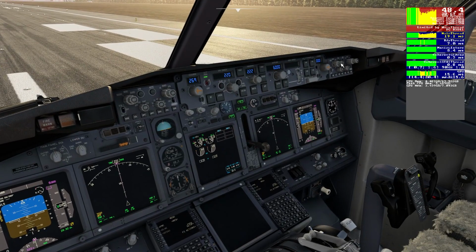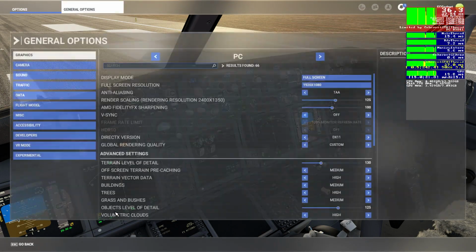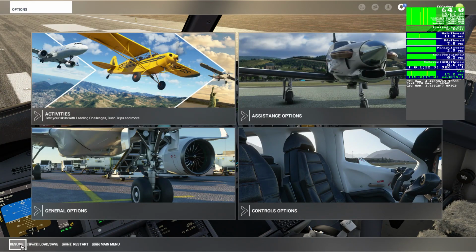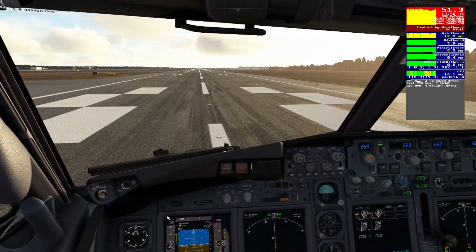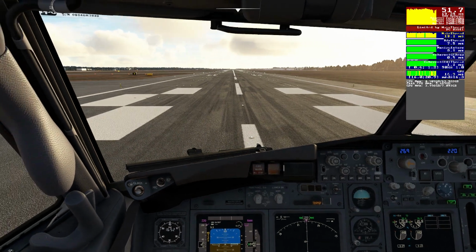I am keeping a close eye on this, where it goes green and red and green and red. There is one thing I do need to check, and that is whether or not I have VSync off. VSync is off, great. That is really, really important. Okay, auto throttle does not need to be armed. We're doing this all manually.